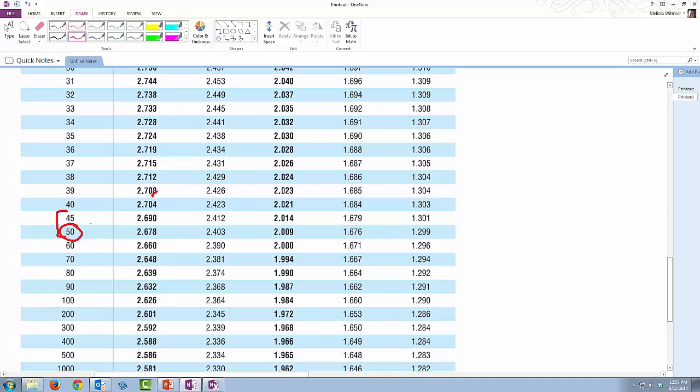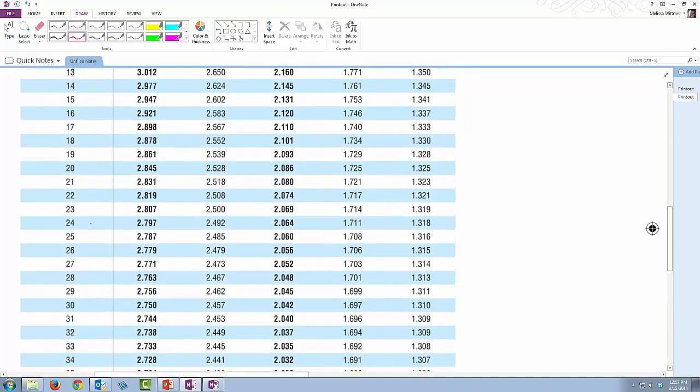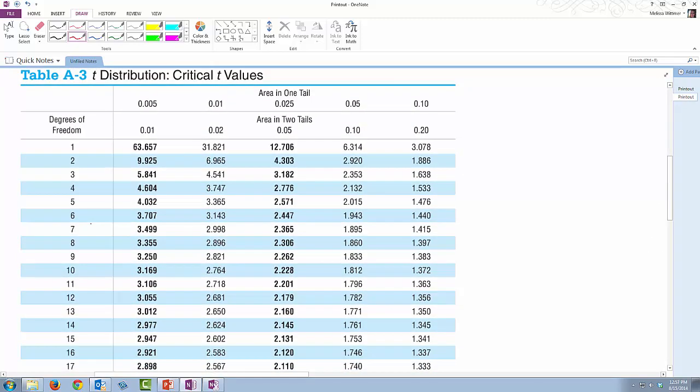Next, to find which t we're going to use, you have to look at your headings here. Notice we have area in one tail, area in two tails. This comes from the normal distribution curve, where you're going to have your critical t, the negative and the positive. So it's just like the z picture.